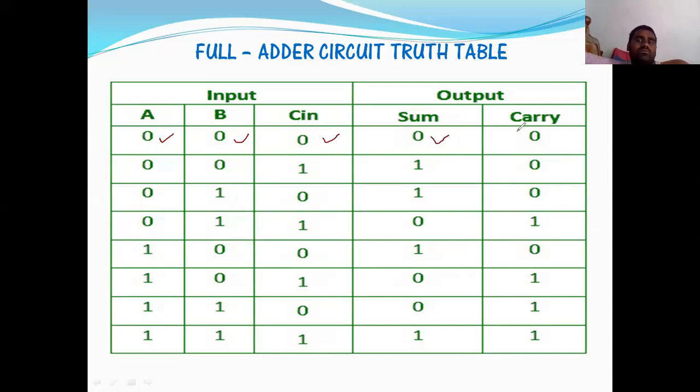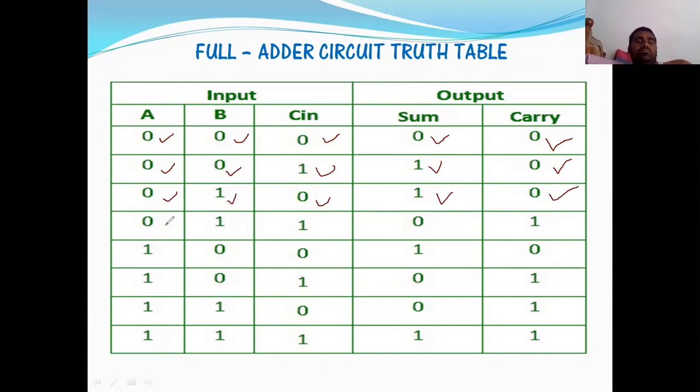So the sum is 0, and the carry is also 0. And next we have the input A, B, C as 0, 0, 1. So 0 plus 0 is 0, 0 plus 1 is 1, and carry is 0. And next 0, 1, 0: 0 plus 1 is 1, 1 plus 0 is 1, and carry 0.